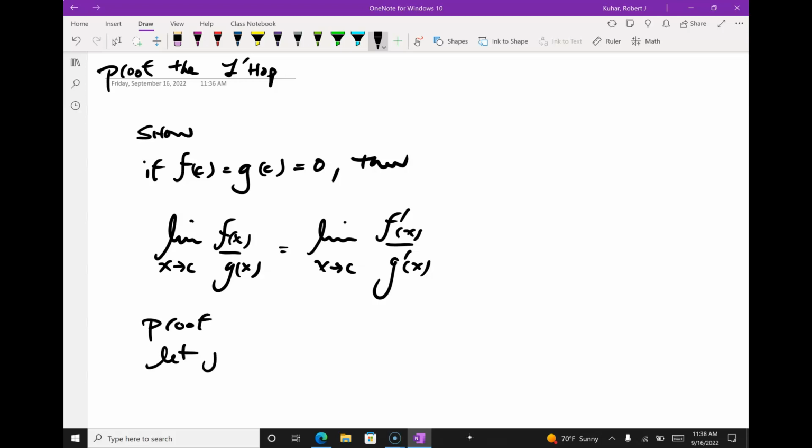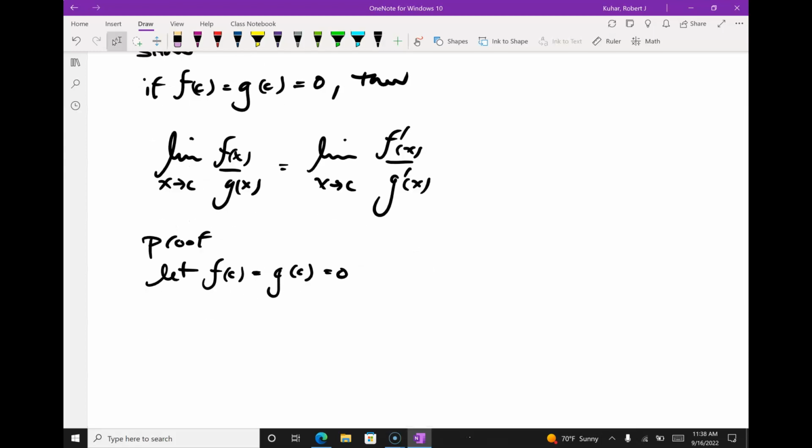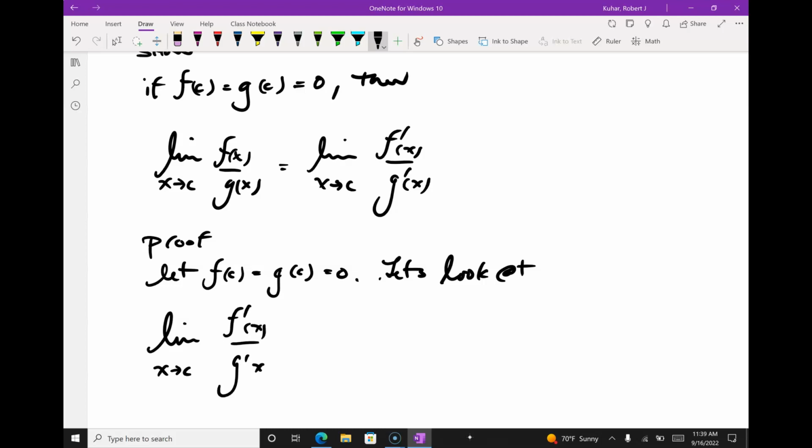So let f of c equal g of c equal 0, right? And then let's look at the right side. The limit as x goes to c of f prime of x over g prime of x. Well, I know how to get f prime of x, right?